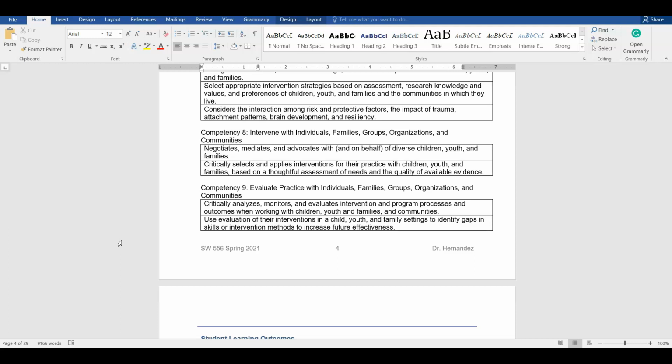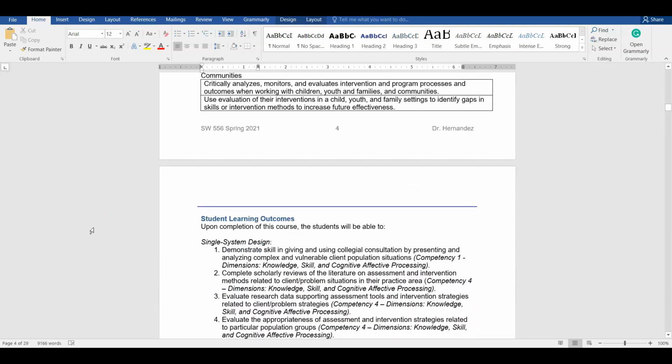I think more important is to know that it is there, even if you cannot say that it's competency number 9. You probably don't want to just throw in, oh, that's competency number 2. You probably just mention, this is a competency that I think your agency addresses, and it's evaluate practice with individuals and so on and so forth. So, just a hint.